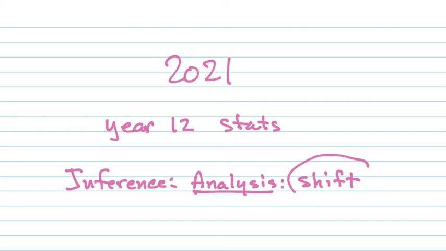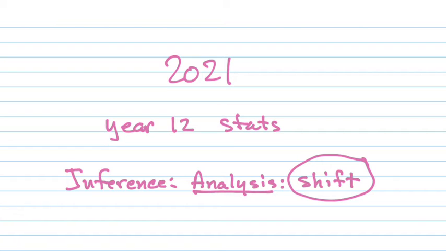So be careful in all your coursework, by the way. All right. So today we're going to talk about something called shift. Again, we're going to look at 3 different types of analysis, and shift is one of the most important ones because it gives you a great deal of detail about the 2 sets of data that you're comparing. So we're going to be talking about shift, what it means, how you're going to describe it, and what numbers you need.